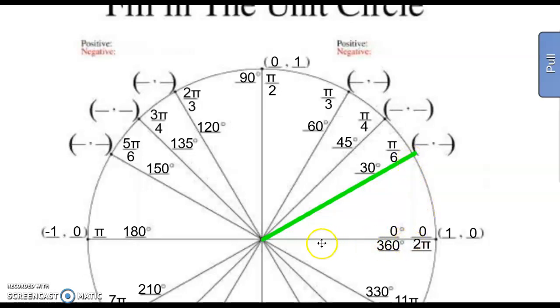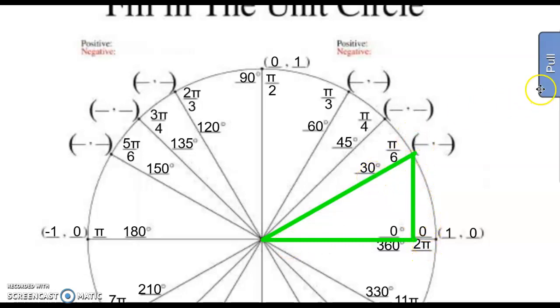And what's interesting is if I create an angle in standard position, I can complete a right triangle by dropping a vertical line from the hypotenuse straight down. The reason why I want to do that is because this point right here becomes the height and the width of this right triangle, because it's the x-coordinate and the y-coordinate, or the horizontal distance away from the origin and the vertical distance away from the origin.